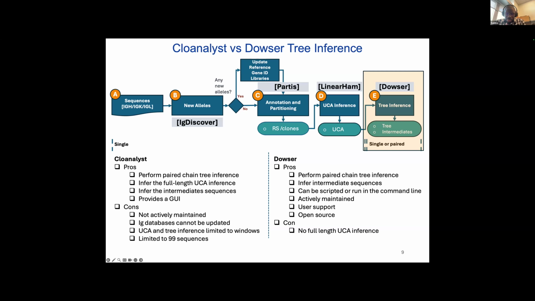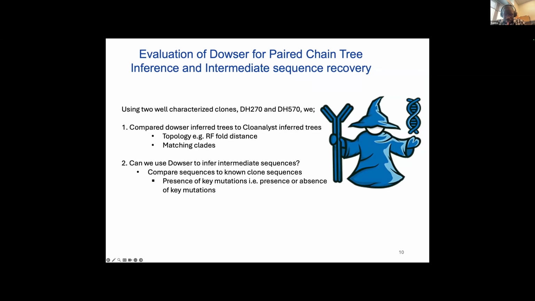And so for the rest of this talk, I'd like to focus on our evaluation of Dowser and how we are currently using it in our BCR phylogenetics and intermediate sequence inference. So to evaluate Dowser, we used two previously identified and well-characterized bnAb clones, DH270 and DH570.